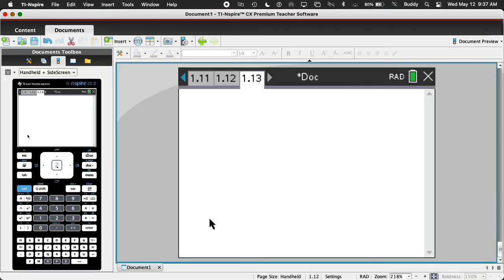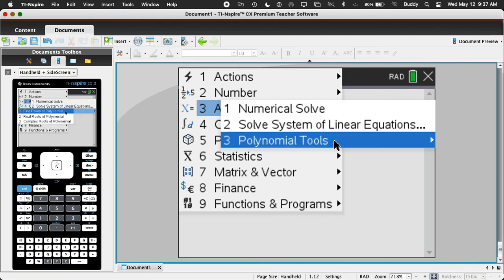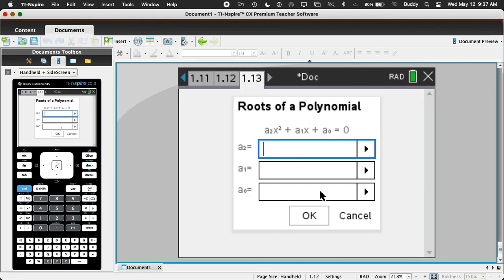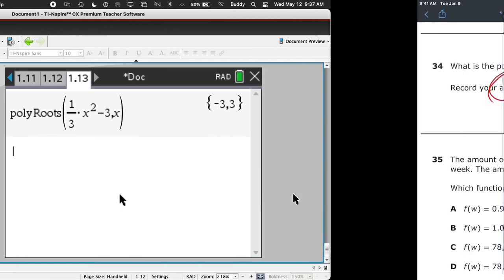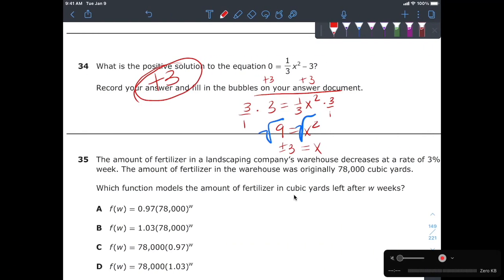For the shorter route, I could have also run a polyroot. And look at that, the same exact answer. So we got this one correct.